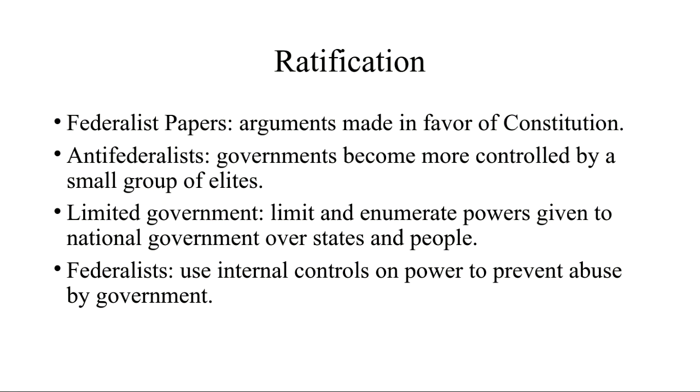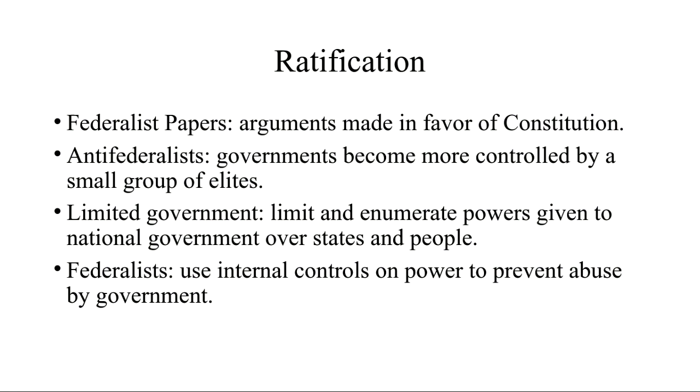The people get a say in who's in the House of Representatives. The government clearly has what it can and can't do, and protections for the people. So they made the argument that the Constitution limits the ability for people to abuse the system, but there's enough checks and balances in place that this wouldn't be an issue.